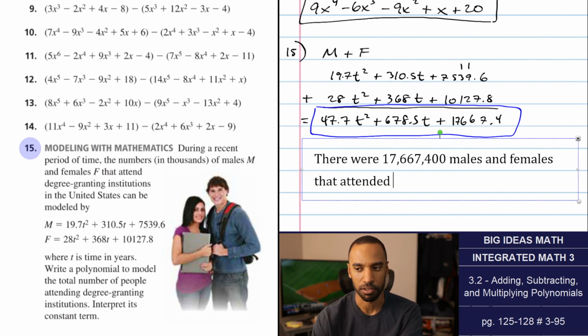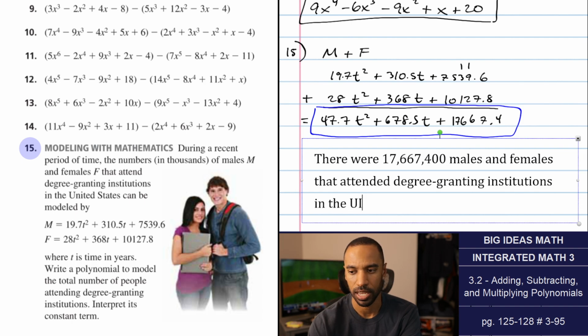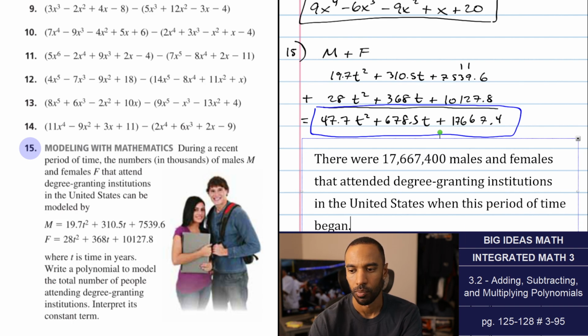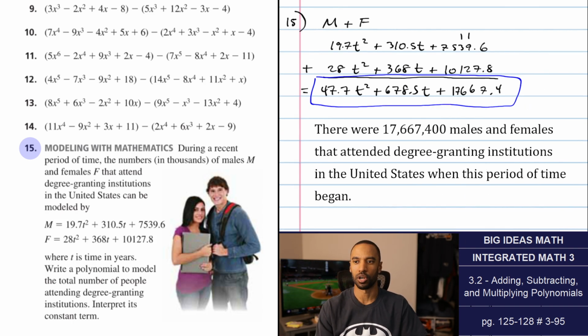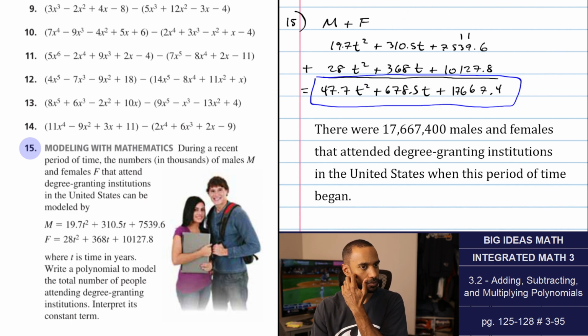This is a past tense thing for the constant. This is when time was 0. That attended degree granting institutions in the United States when this period of time began. Right? That's the constant. When time is 0, it's that. Remember, it's in thousands of people.